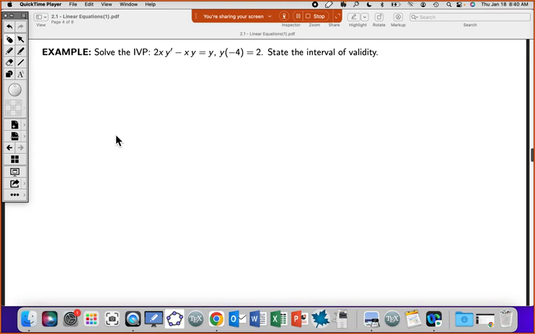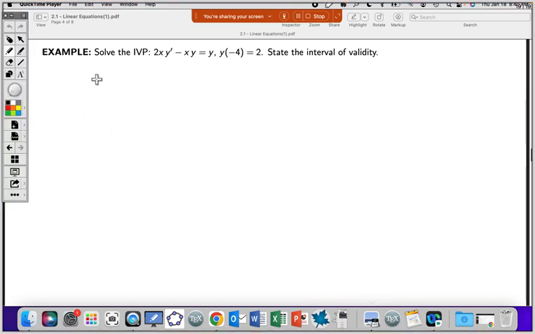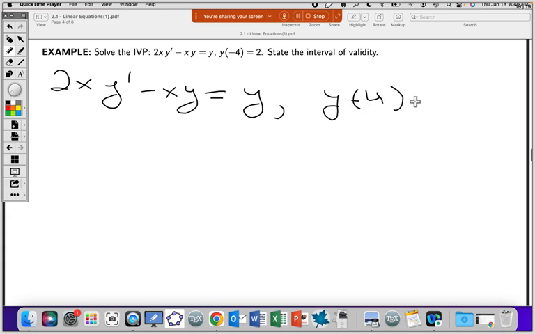Okay, so here's another example. We've got 2x y prime minus xy equals y. y at negative 4 is positive 2. So this is an example. It's a differential equation, but we have a condition.